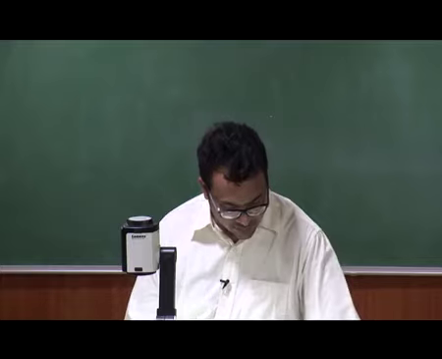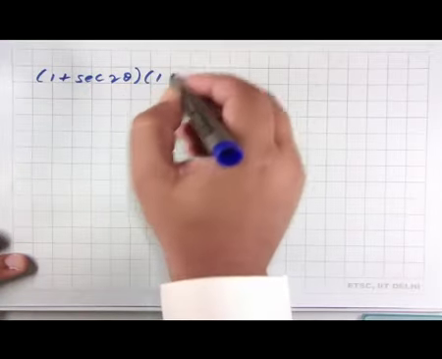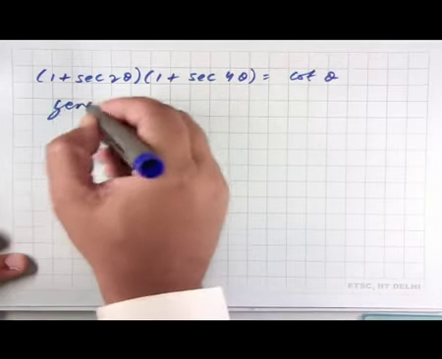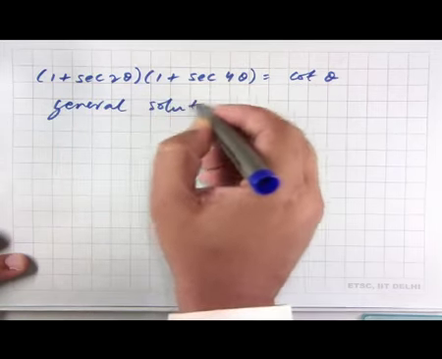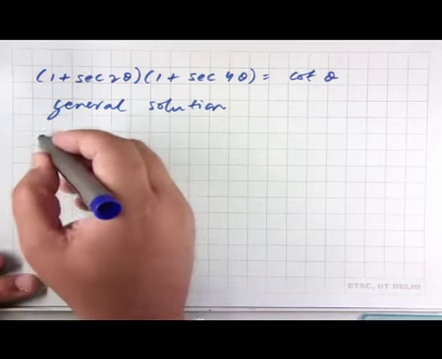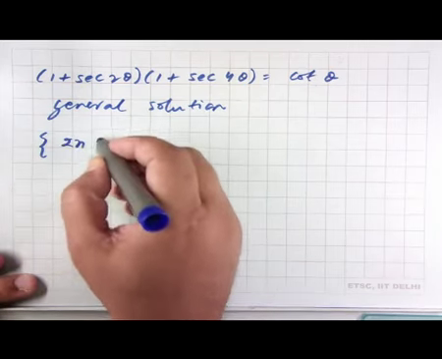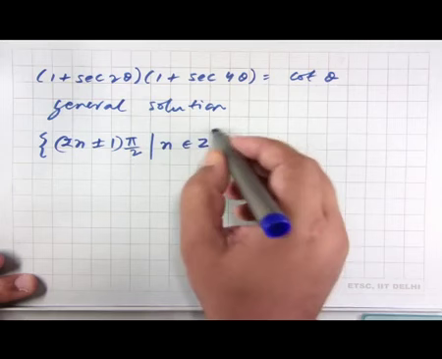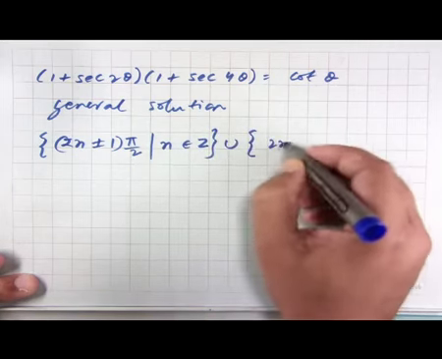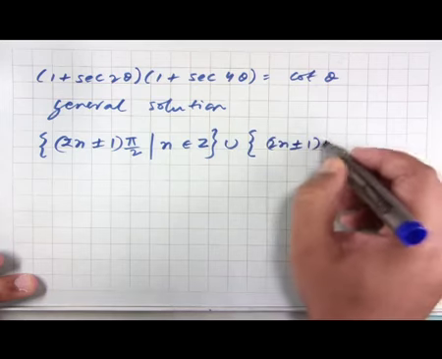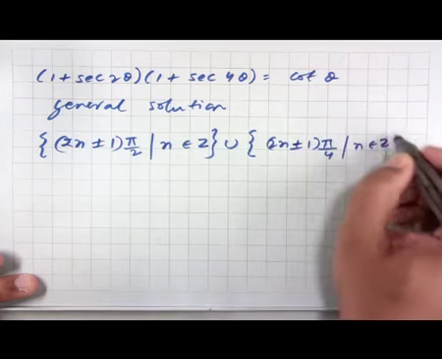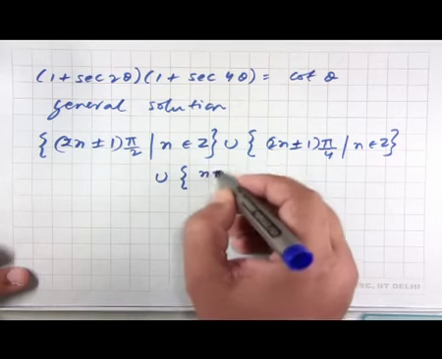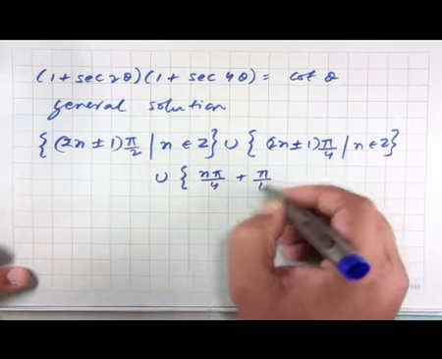So, the final solution to the problem, the general solution to the problem (1 plus sec theta) into (1 plus sec 4 theta) equal to cot theta, is given by the union of these sets: (2n plus minus 1) times pi by 2 for all integer n, union with (2n plus minus 1) times pi over 4 again integer n, union with n pi over 4 plus pi over 16, integer n.